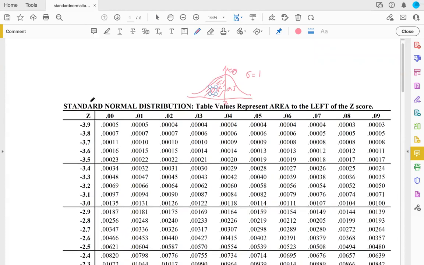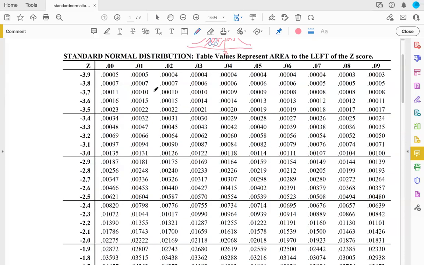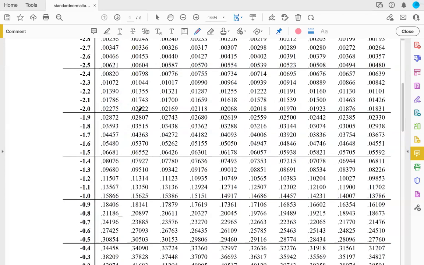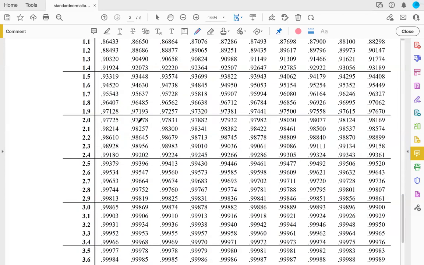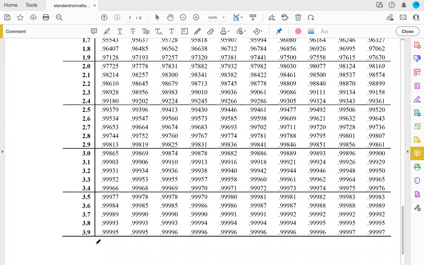One is the negative part, one is the positive part. Can you see the z-score? For example, this one is 0, this is negative 3.9. And we look at the graph at 3.9 as well. 3.9 is 0.9995.